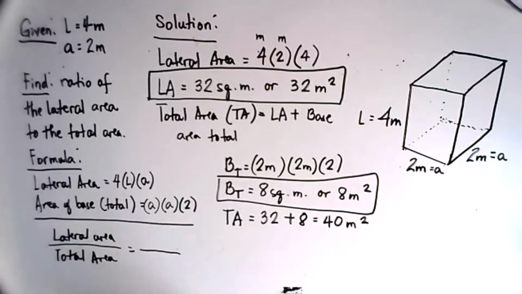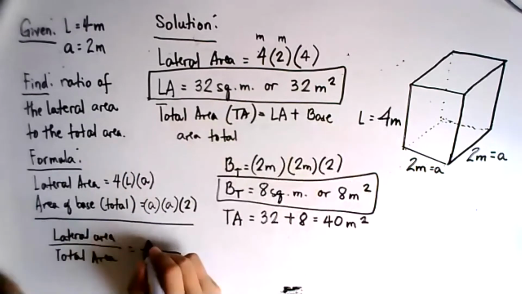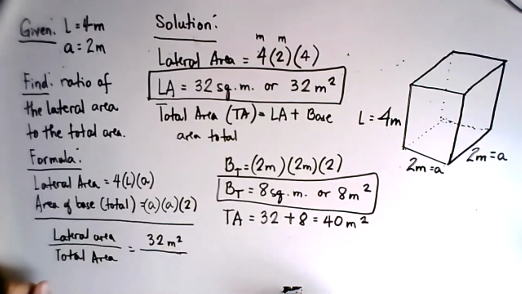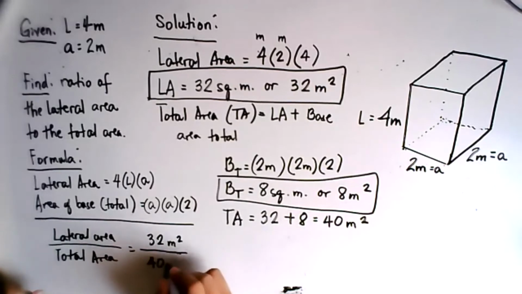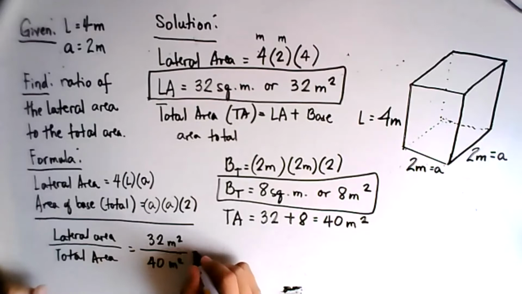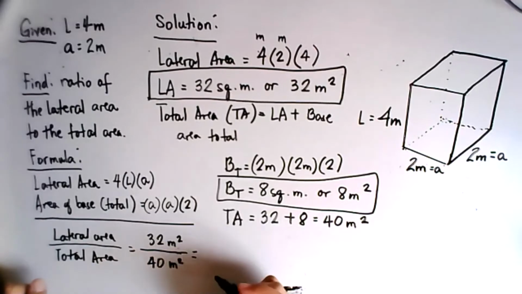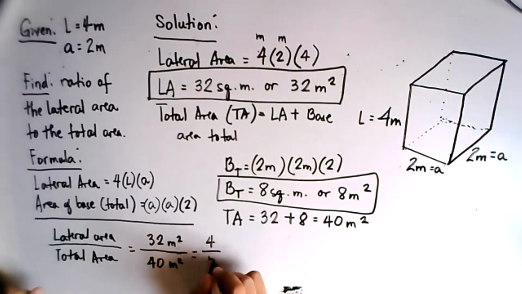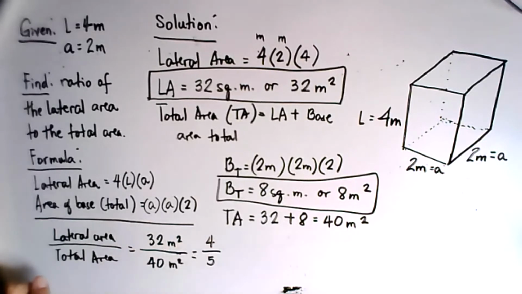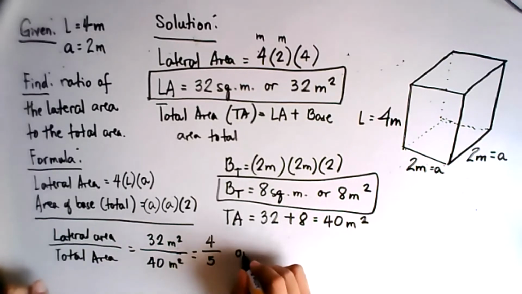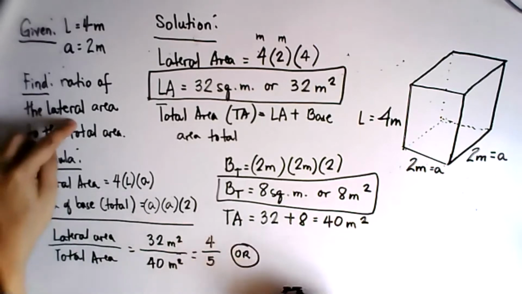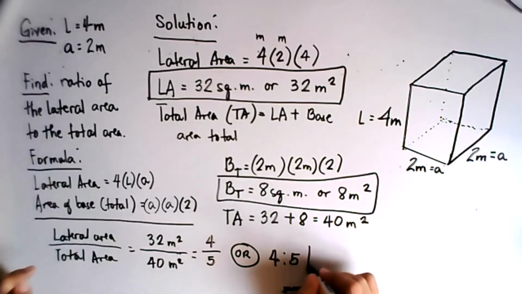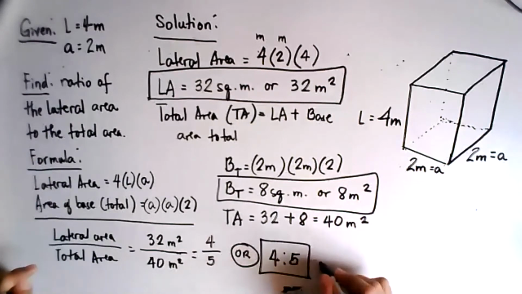So lateral area is equals to 32 square meters and the total area is 40 square meters. So if you are going to simplify this into fraction, that would be 4:5. And since the question is ratio, that is 4:5. And this will be our answer.